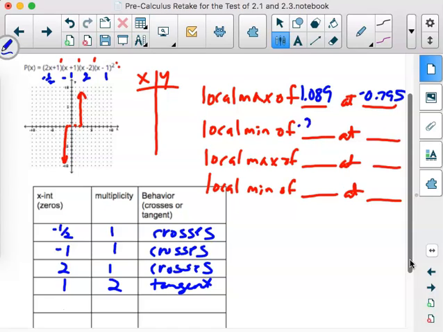Local min of -2.036 at 0.073. Local max of 0 at x equals 1. And a local min of -1.753 at x equals 1.721.